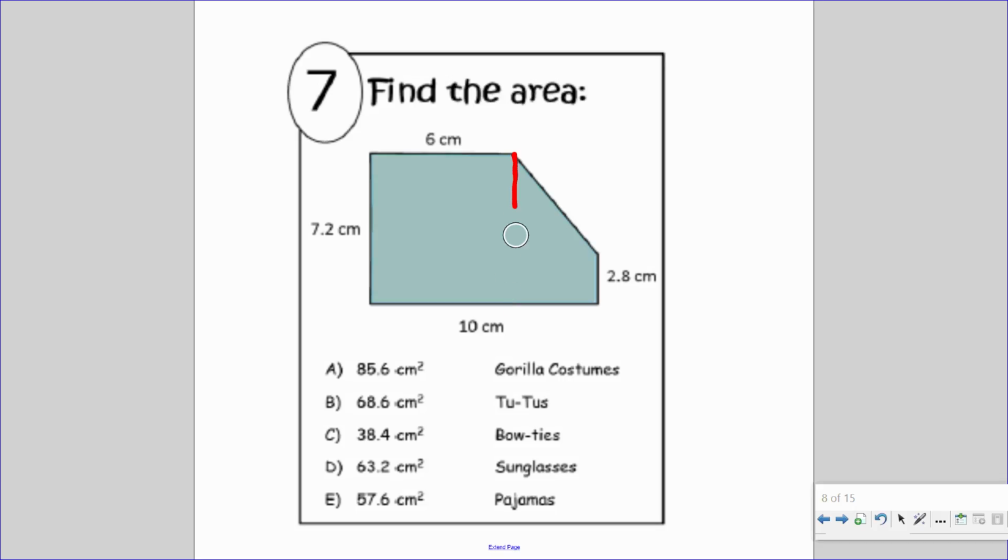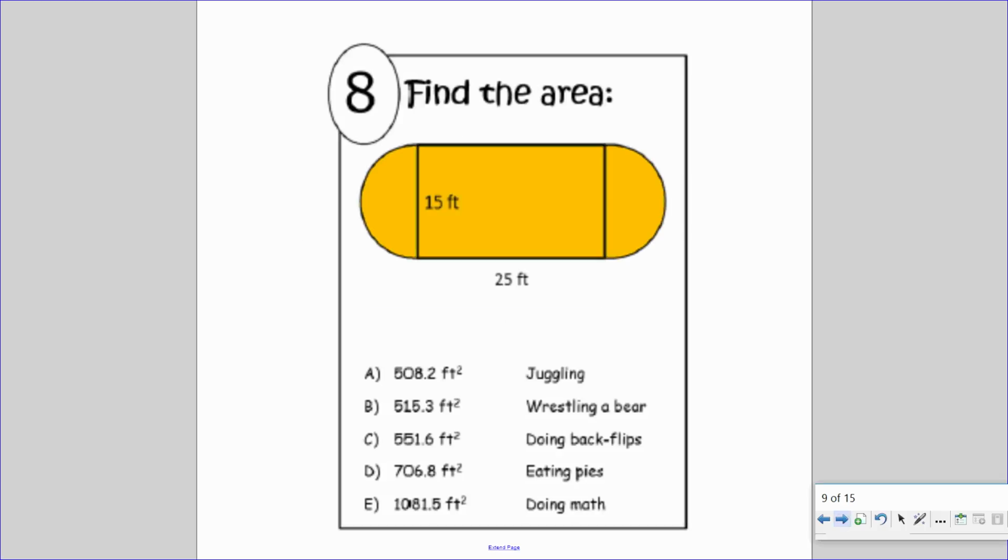Or how many you see it this way? A rectangle here and a trapezoid above there. This one, what do you see here? I see this is the area of a full circle, and this is a rectangle. So you find the area of the circle and the rectangle.